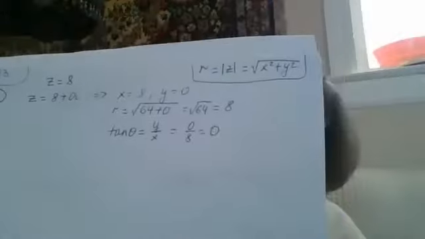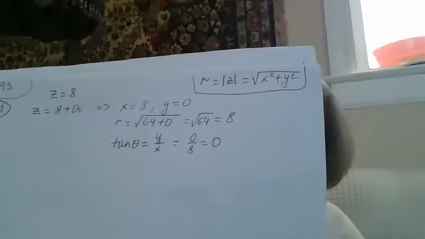Besides that, I need to find theta because I am going to convert this into a polar form or exponential form. So I need to find the tangent of theta. Tangent of theta equals y over x, which is 0 over 8, which is 0. And I know that tangent is equal to 0, and z's location is on the horizontal axis.